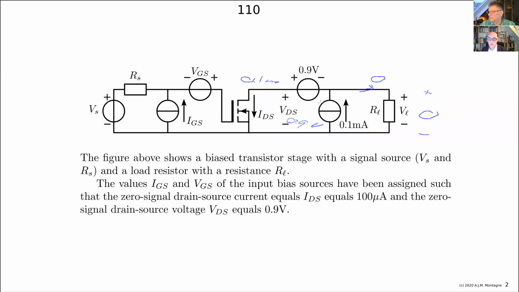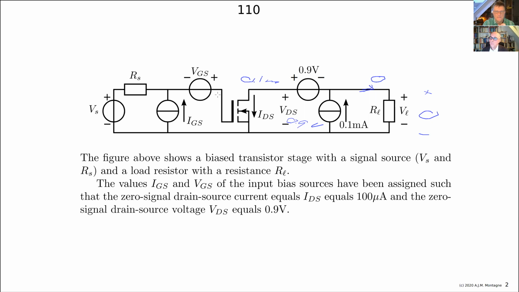This is just Kirchhoff, because all this 0.1 amps is flowing through the transistor. So if there is no current through the resistor and no voltage across it, you can just remove it and nothing will happen. And the same is here.